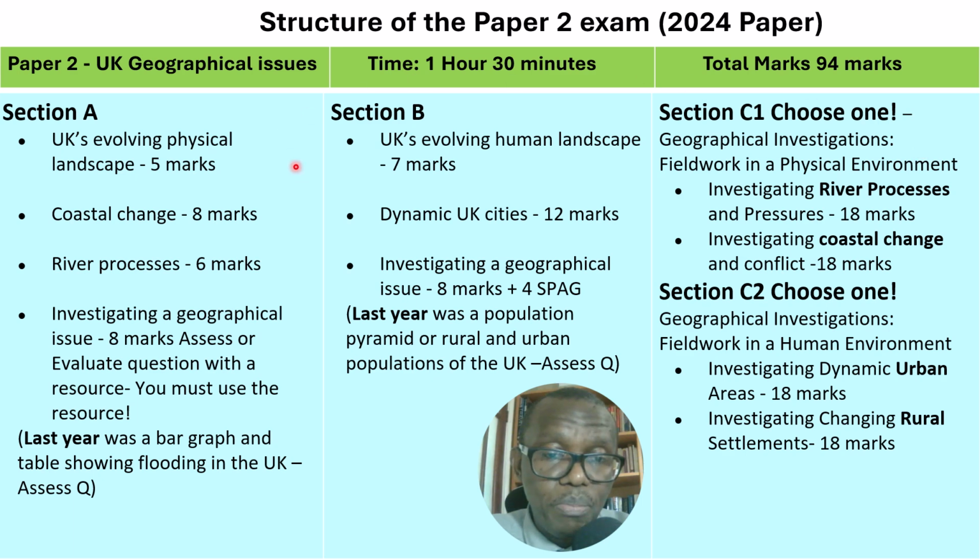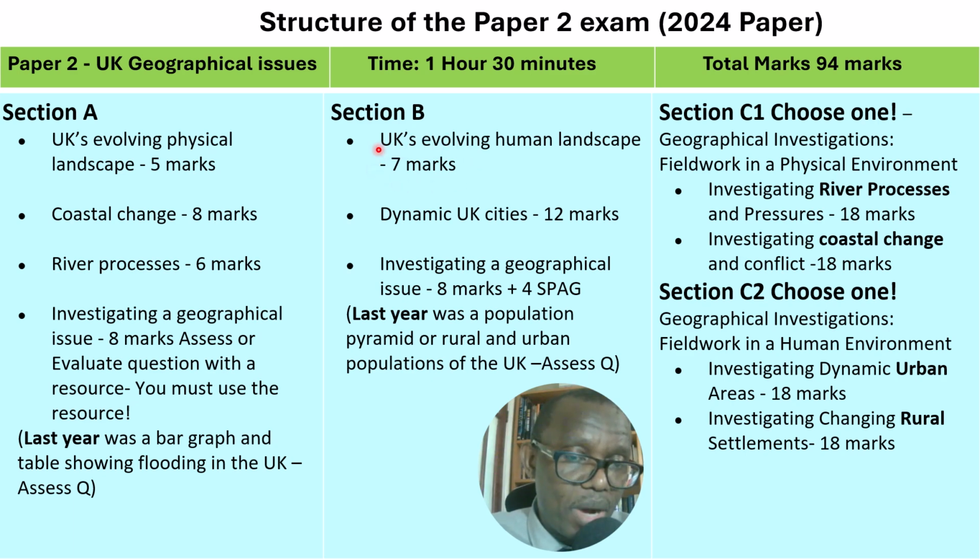Then we've got section B, which is the UK's evolving human landscapes. And then here again we had 7 marks, which were structured questions. So actually, let me just backtrack a little bit.